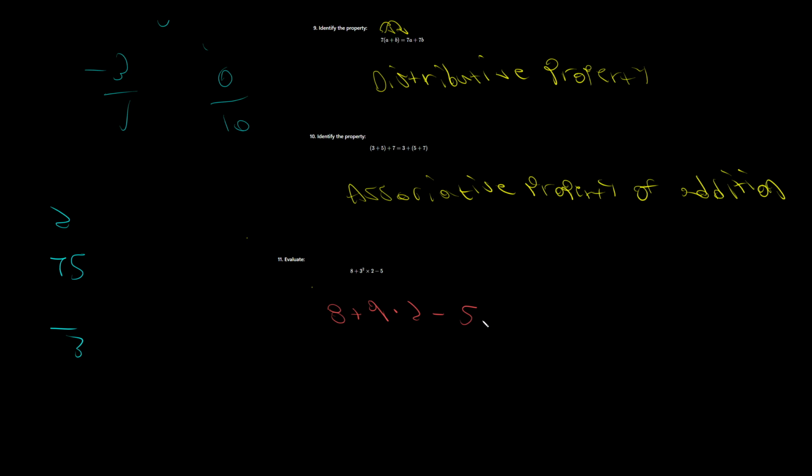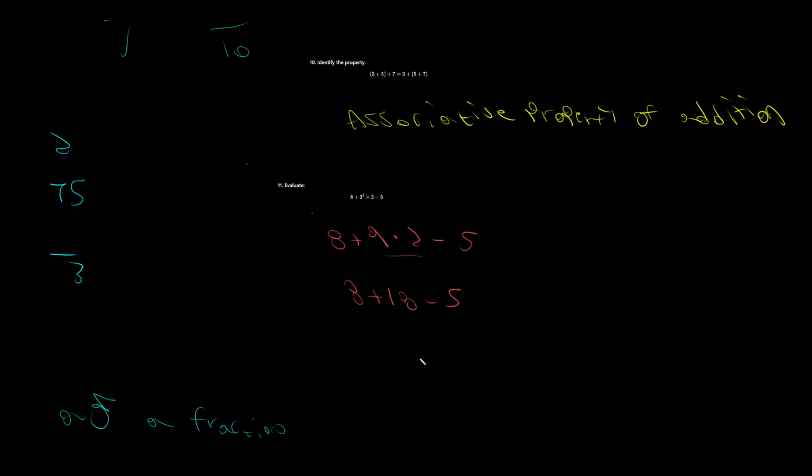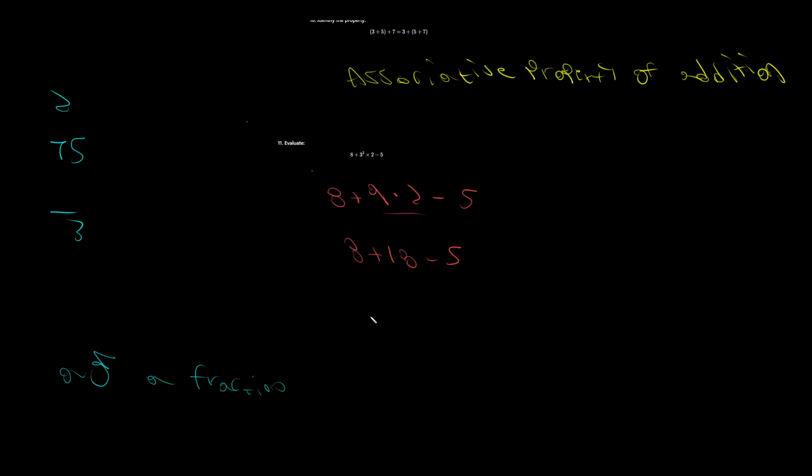We don't have any parentheses, no exponents, so next is multiplication, division. We have multiplication right here, so we get 8 plus 9 times 2, which is 18, minus 5. Then we do addition and subtraction from left to right, so 8 plus 18, which is 26, minus 5, we get 21.